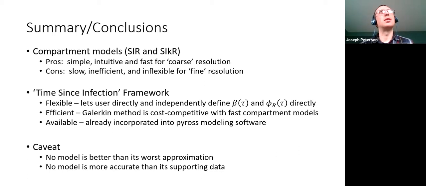One of the things that does seem to be available in some data sets is case outcomes marked by the time since first symptoms. So when did this person first start showing symptoms? And then when did they end up going to the hospital? When did they end up being recovered? When did they end up transmitting it to someone else, for example?